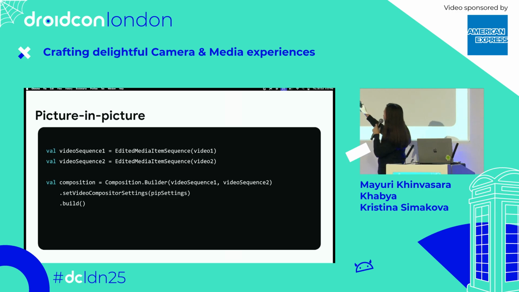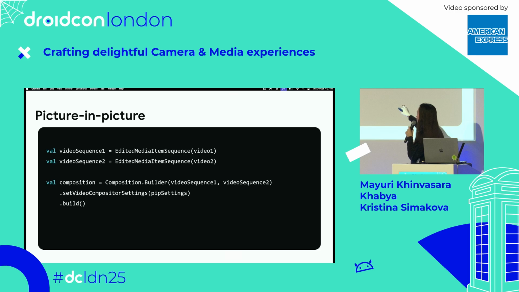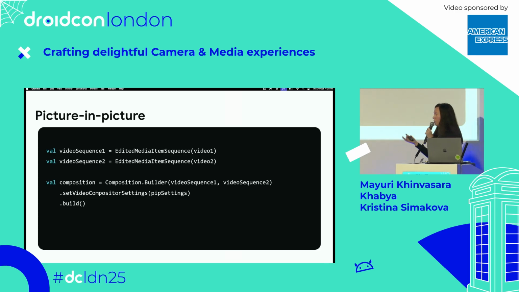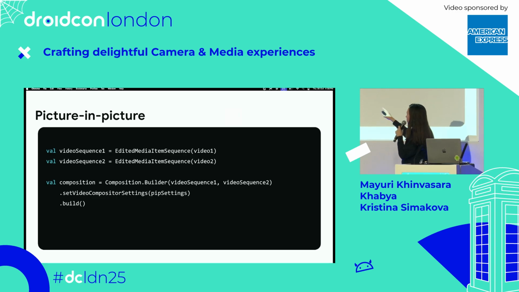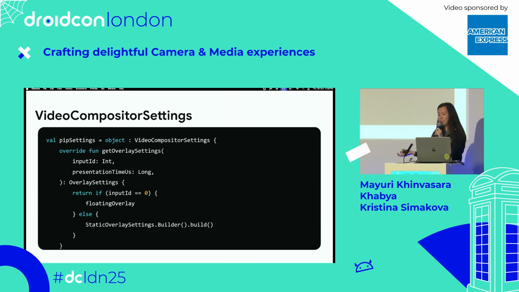So, how does it look in code? Video sequence 1 has the first video, video sequence 2 has the second video, and then the composition is basically a list of our video sequences. The important part here, when we are working with multiple sequences with video, is to set the video compositor settings. Here I call it pip setting, we're setting it here, and in the next slide we are defining the video composition settings.